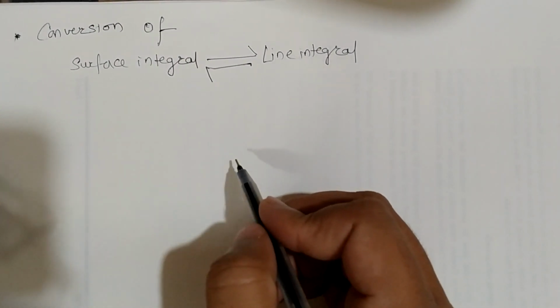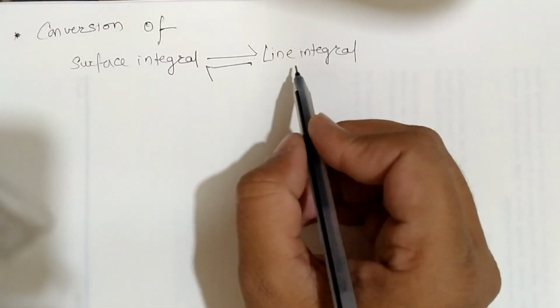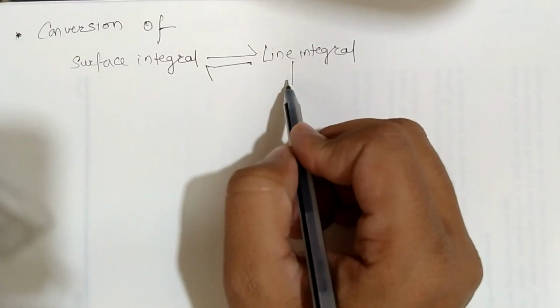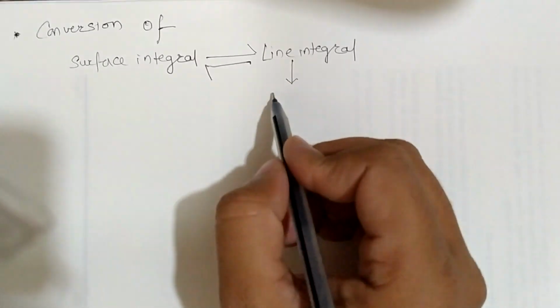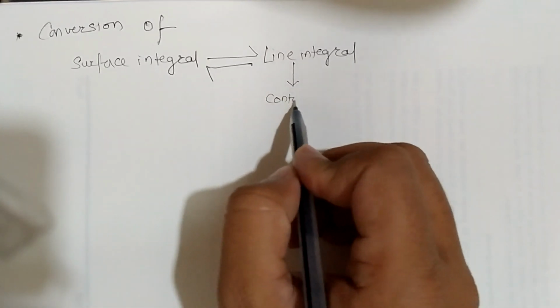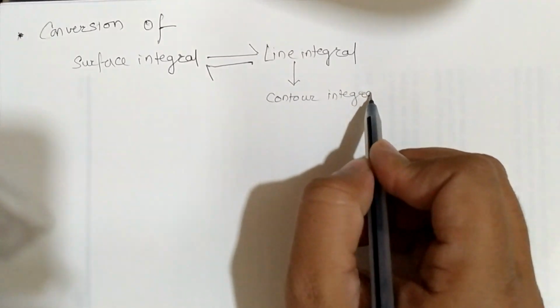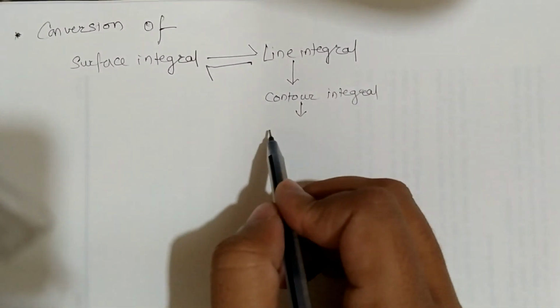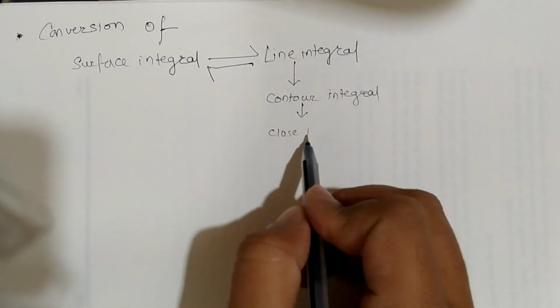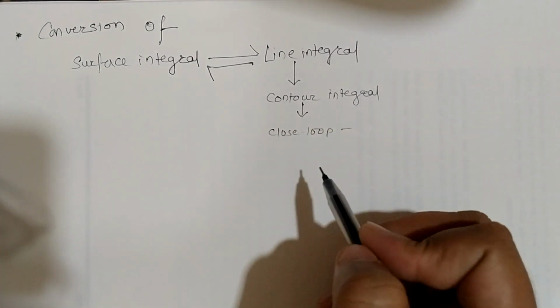While dealing with such a case, care must be taken. This line integral is also known as the contour integral, or sometimes the closed loop integral.